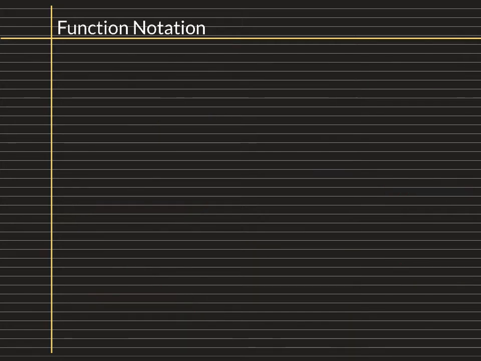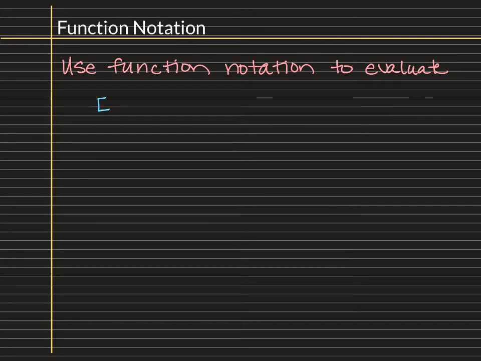Okay, but how are we going to use this to solve things, Ms. Hughes? Well, let's look at that now. We're going to look at how to use function notation to evaluate functions. So let's go ahead and look at our first example.